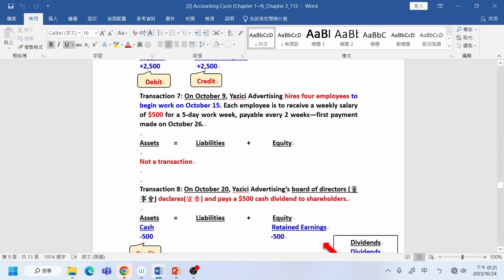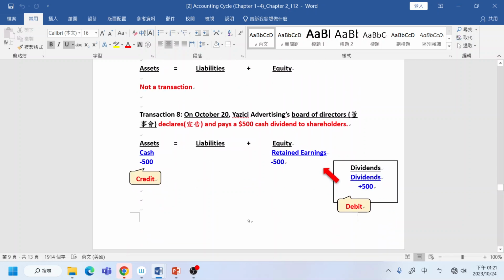Transaction 7 is not a transaction, so you don't need to do anything. Transaction 8, what happened? Cash decrease on credit side. Dividend increase on debit side.